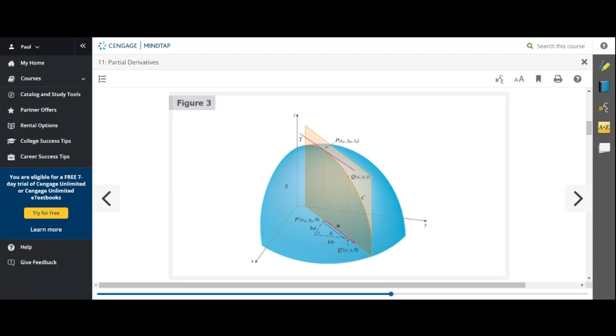So what we do is we recognize that in the xy plane, there's the vector u, and the vector u goes from a point P prime to a point Q prime. And if we consider going from P prime to Q prime, and those primes don't represent anything in terms of a derivative, they're just called that.